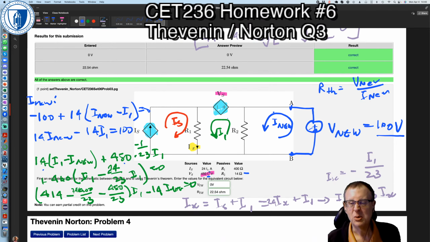Because IS is 24 times IX, we can rearrange that to see that I1 is minus 23 IX, or IX is minus 1 on I1 over 23. Of course, the other way to see that is because we want IS. IS is 24 IX, so IS is minus 24 I1 on 23. Okay?